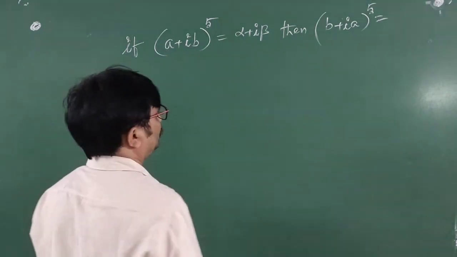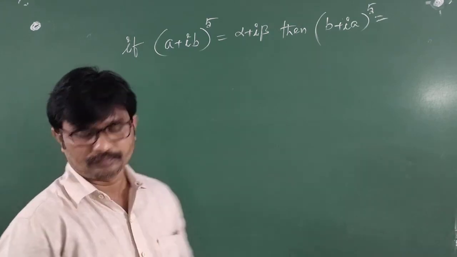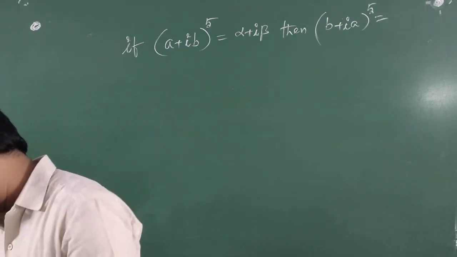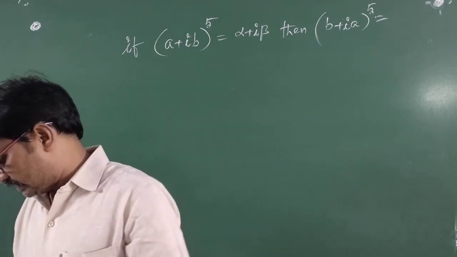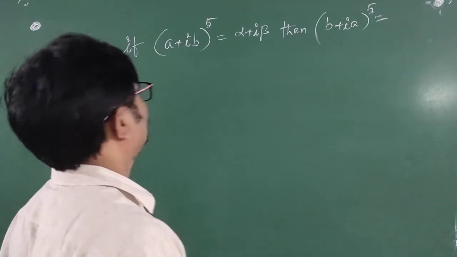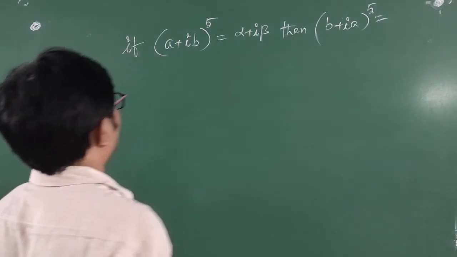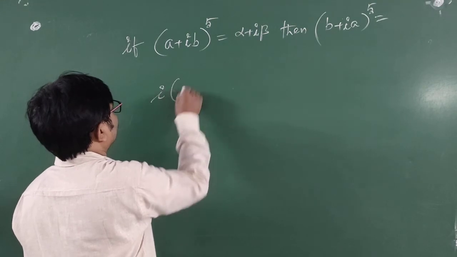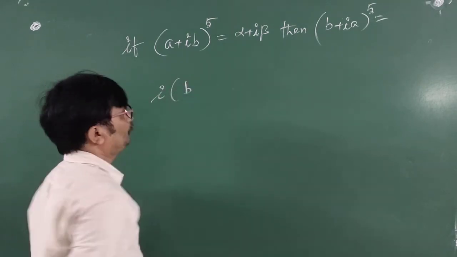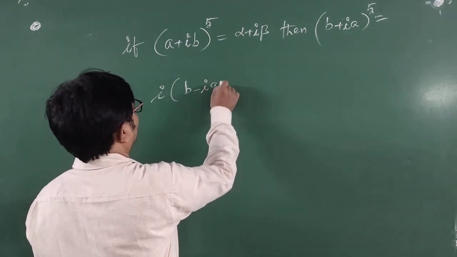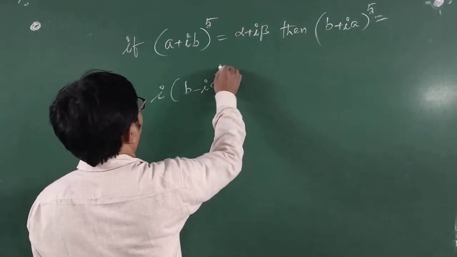So, dear students, what we find right now is b plus ia whole power 5. Here we can take i common, so it is i times b minus ia whole power 5.